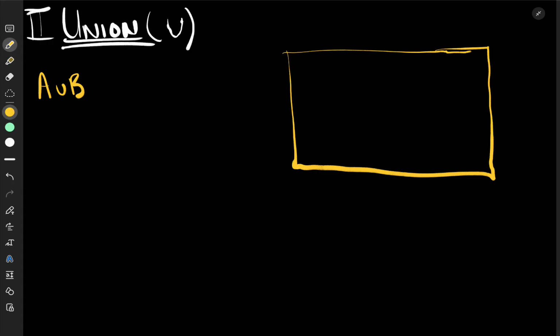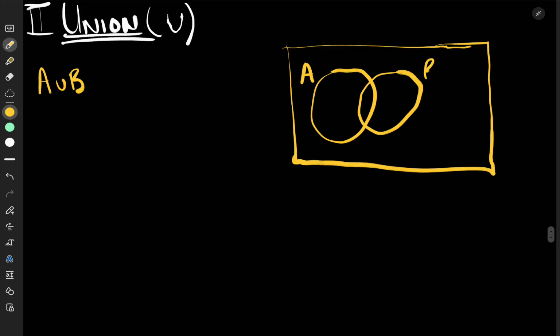We need to see what A union B looks like. So we'll put a Venn diagram, and we should also be able to represent it using set builder notation. For these next three operations, we want to see their Venn diagrams and their set builder notations. So here we now have two sets, A and B, interlocked like this, and this will be our universal set.